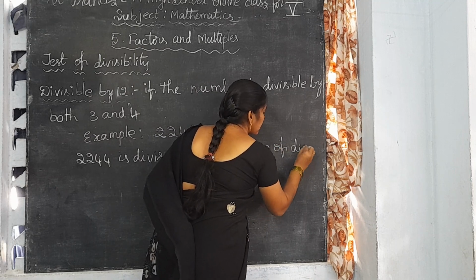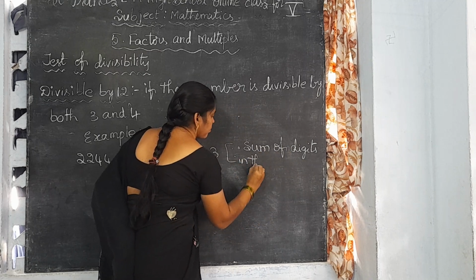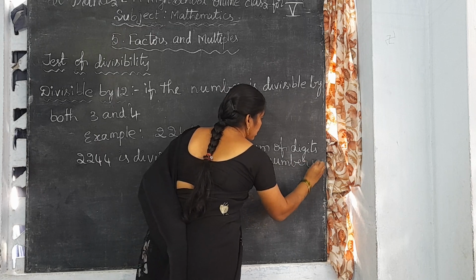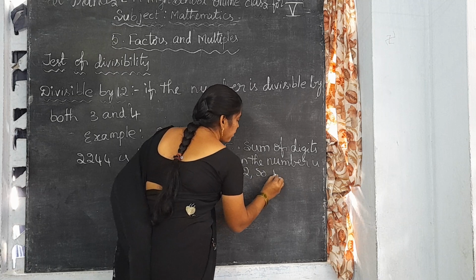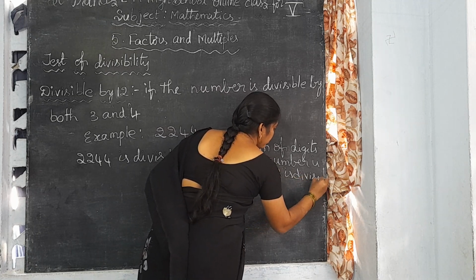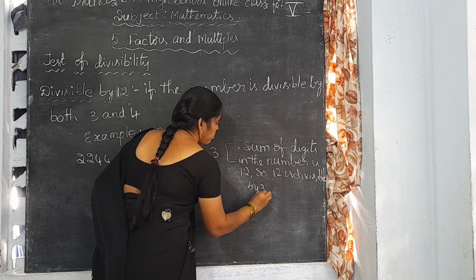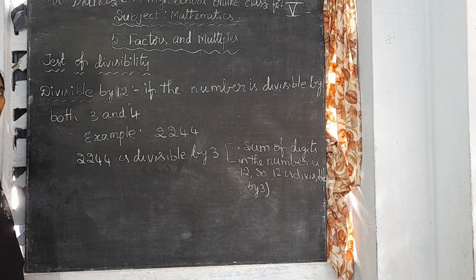The sum of the digits in the number is 12. 12 is divisible by 3. Now, what is the divisibility of 4?